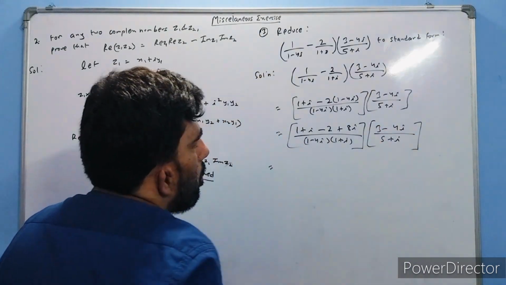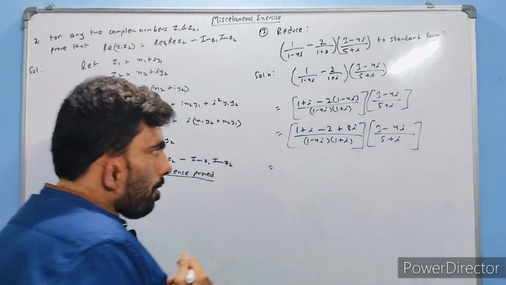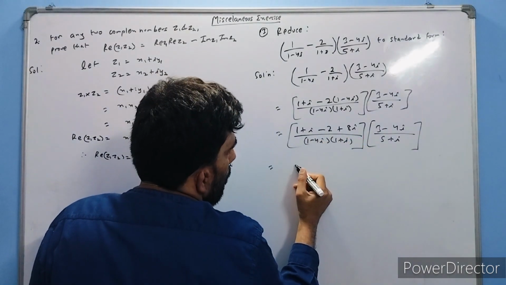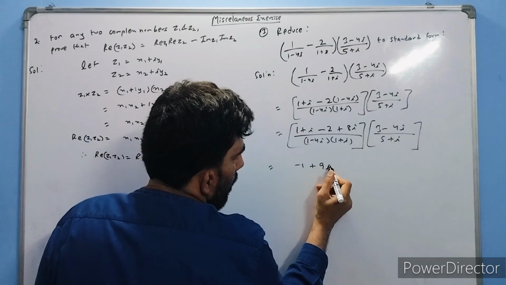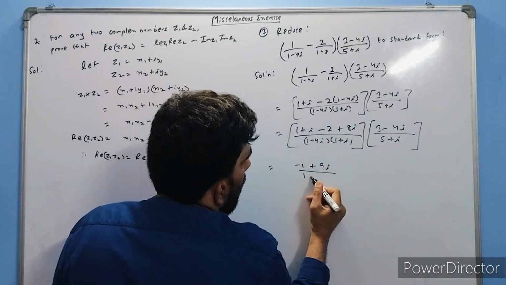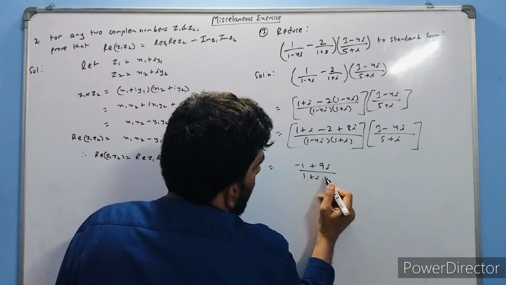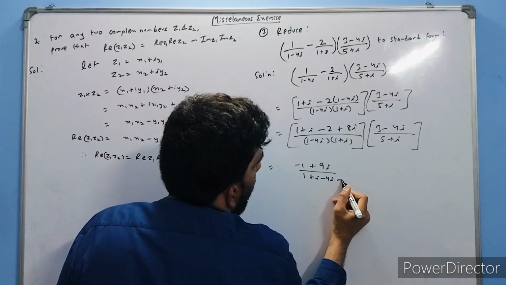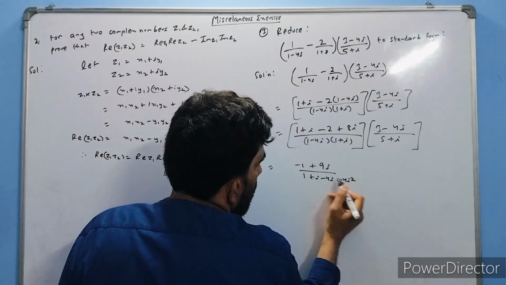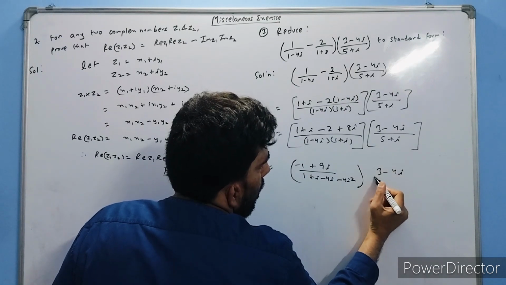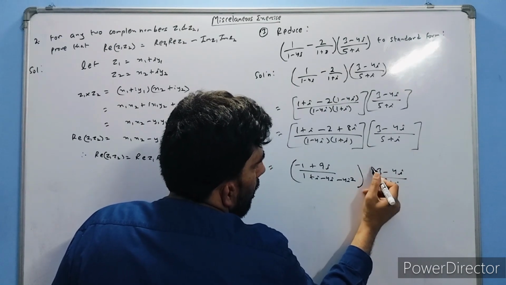In a very simple way, it will be 8i plus i, 9i, minus 1, plus 9i upon, for the multiplication with this, we got 1 plus i minus 4i and minus 4i square. I have this 3 minus 4i, 5 plus i.